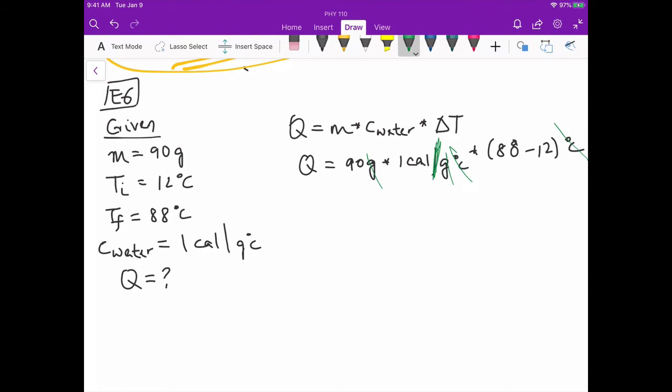Per means divide. So your Q is going to be 90 times 1, which is 90, multiplied by 88 minus 12, which is 76, calorie. If you plug this into your calculator, we get 6,840 calorie.